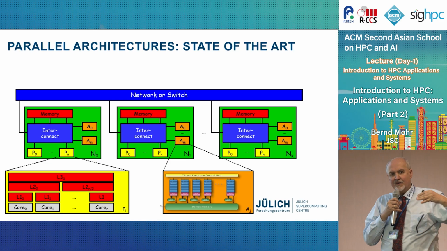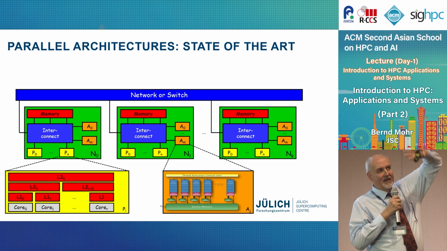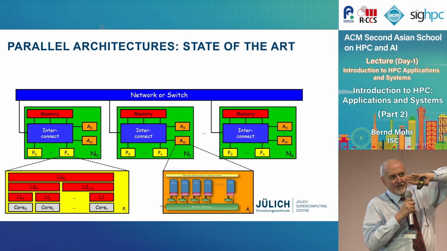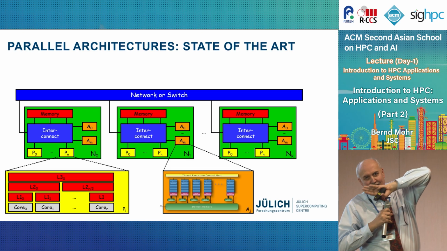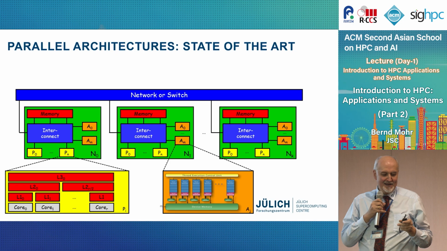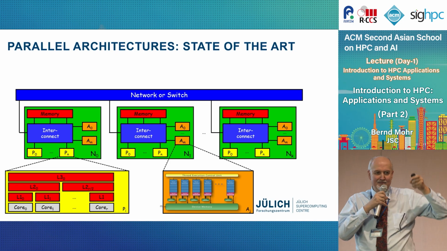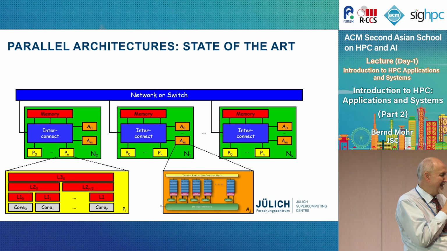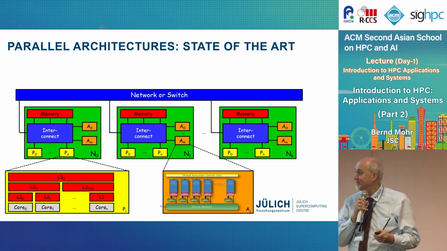So a current parallel computer is a parallel computer built out of parallel computers, built out of parallel computers. This is where we are, unless some crazy guy has yet another idea how to make it more complicated.